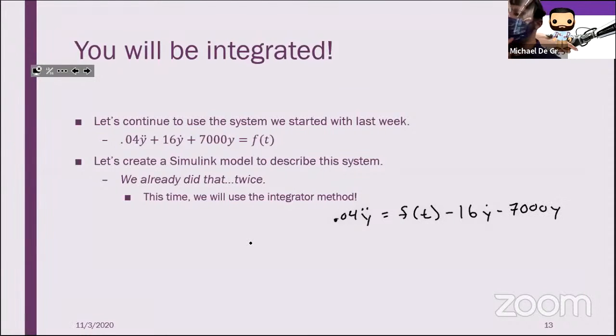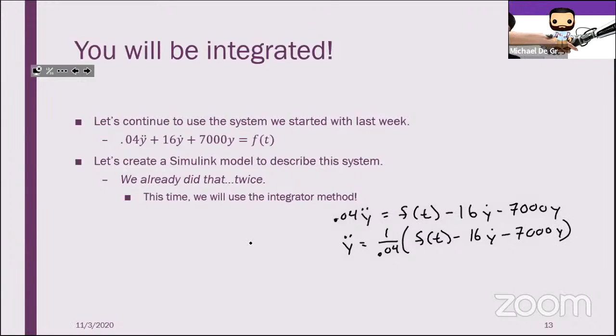Then I'm going to divide. Now look what has happened if I do this. I have y double dot, and it is now a function of y dot and y, right? So I can draw a block diagram for this equation where I have y double dot coming out.